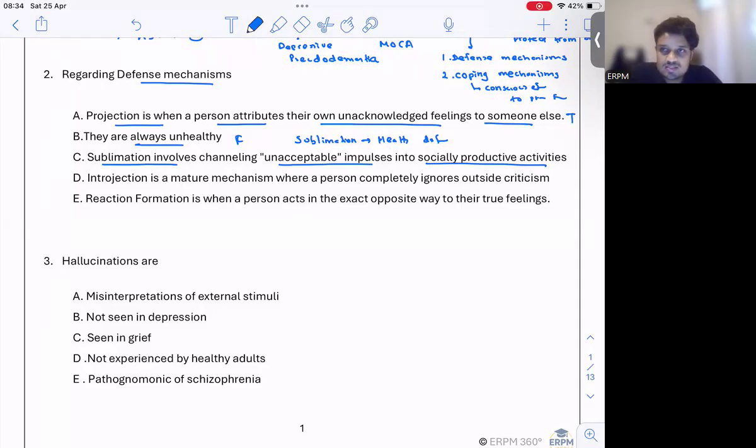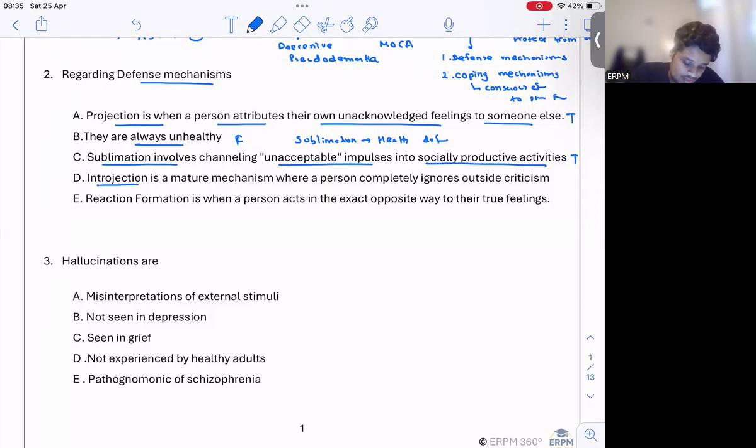What he does is he takes up a sport like boxing or martial arts to relieve those aggressive, hostile impulses. So that's a good, healthy defense mechanism. Channeling unacceptable impulses into socially productive activities is sublimation.